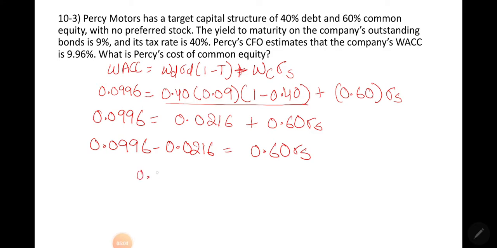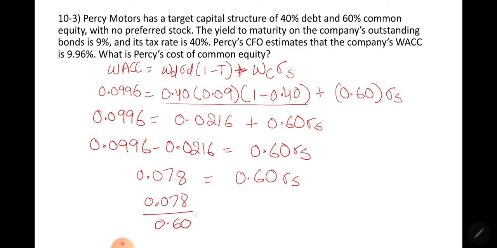This is 0.078. Now 0.6 is multiplying with the cost of equity, so on that side, it will go into division. So 0.13 is the cost of equity, or 13%.